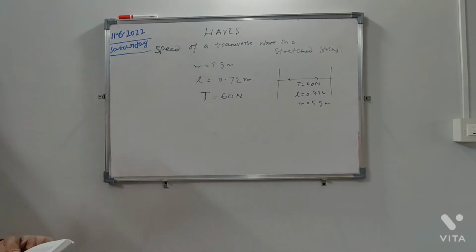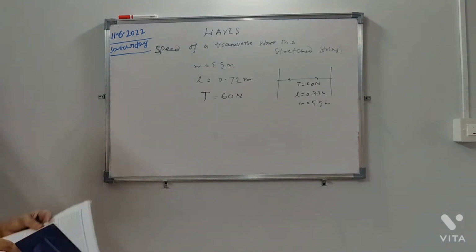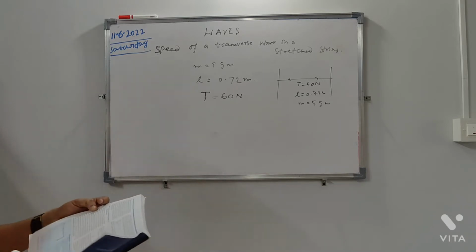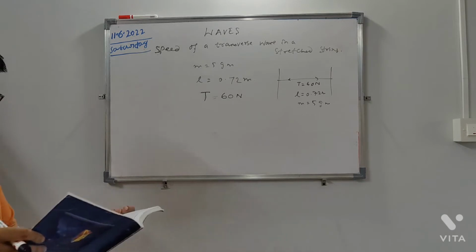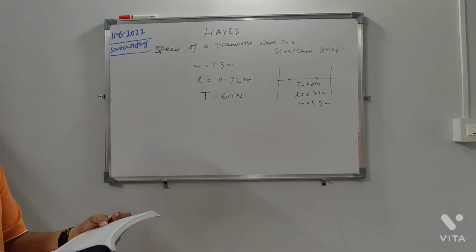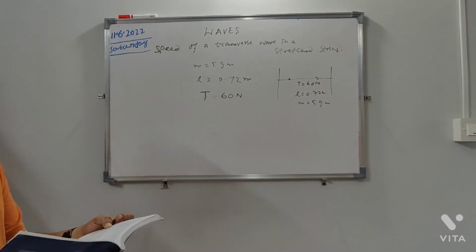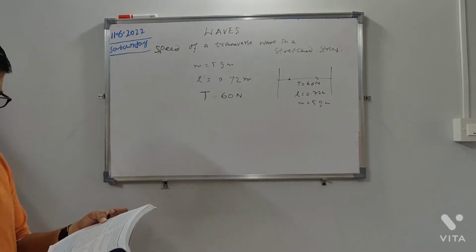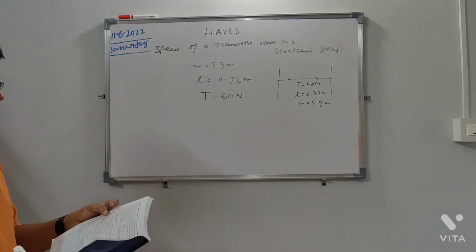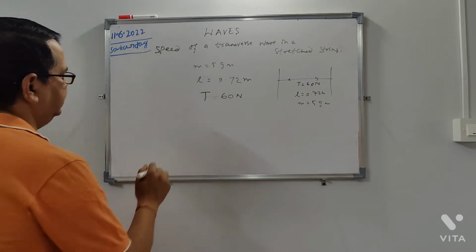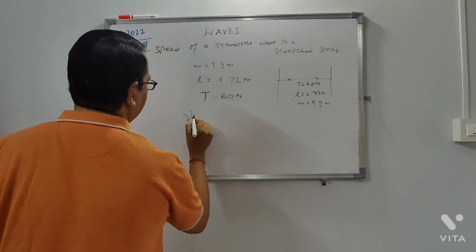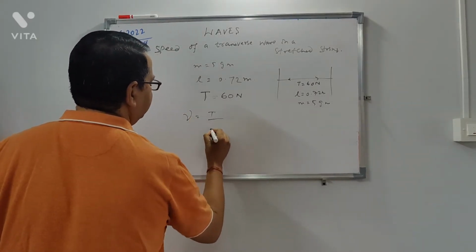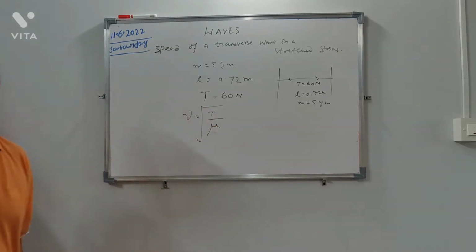So the speed of the wave on the wire. What is the speed of the wave here? The formula for speed is equal to square root of T divided by nu. Okay, this you have to remember.